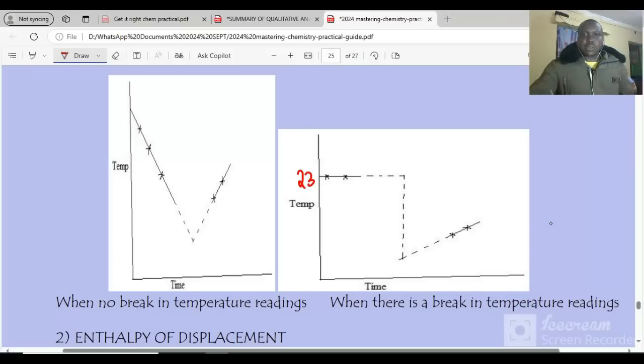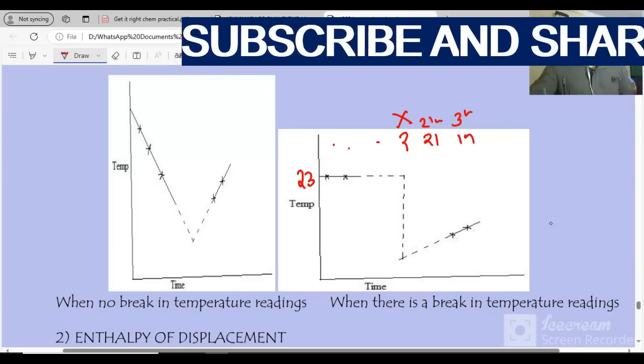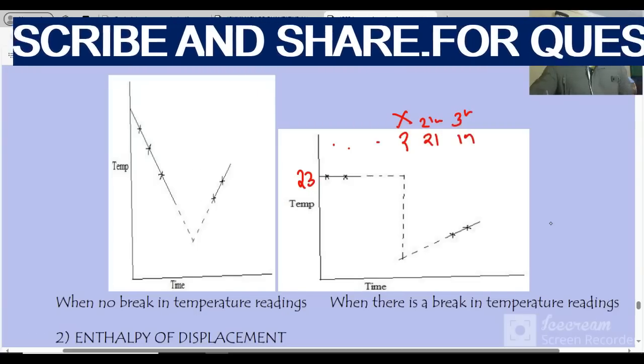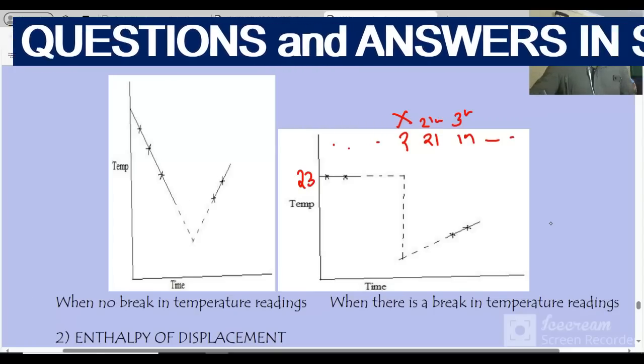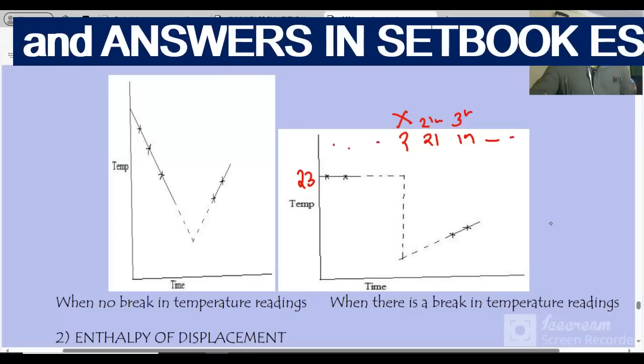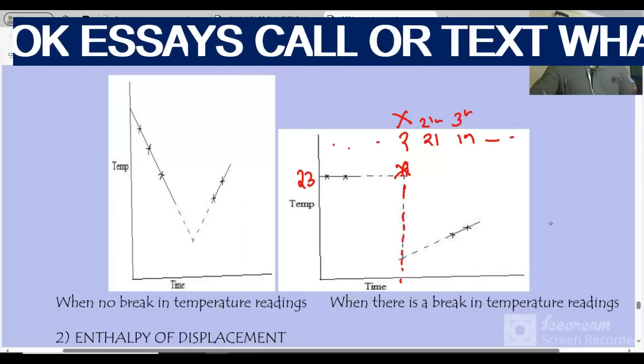Therefore, you will start here, writing 23 until we reach 2 minutes where the x is. Then from 2.5 minutes, 3 minutes, you realize that the temperature is under 21, 19, so we will have a graph of this because the temperature will be decreasing like this. So our reference point is here, x, and this one will be 2 minutes.